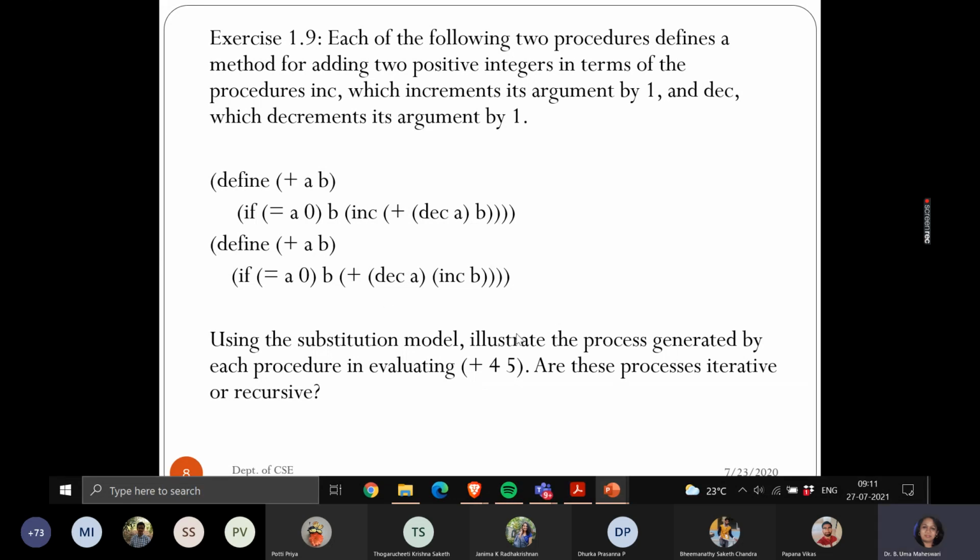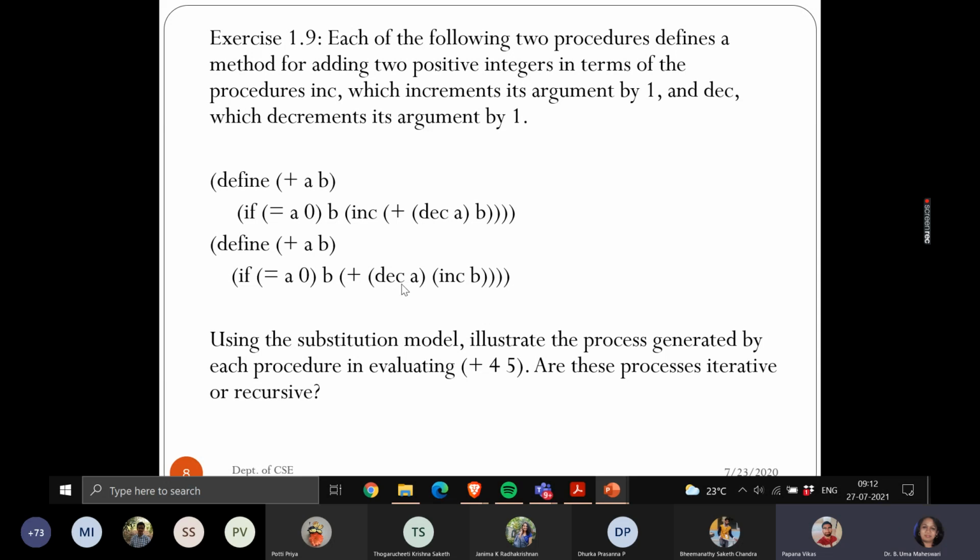Is there any volunteer to explain the next logic? Ma'am, the next second one, initially we are passing plus 4, 5. Since 4 is not equal to 0, the next will be 5 plus 3, 6.